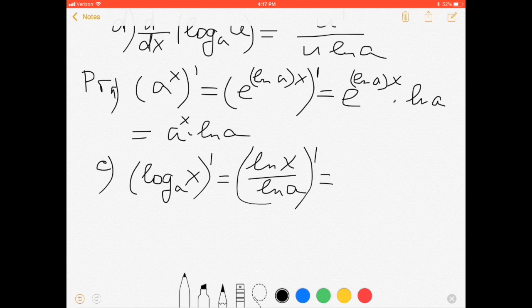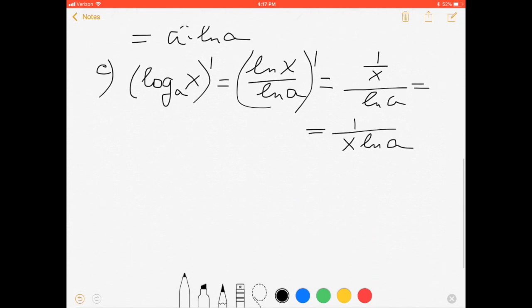Take the derivative, we have 1 over x. Ln a in this situation is only a constant, so it still stays here. It will be 1 over x times ln a.